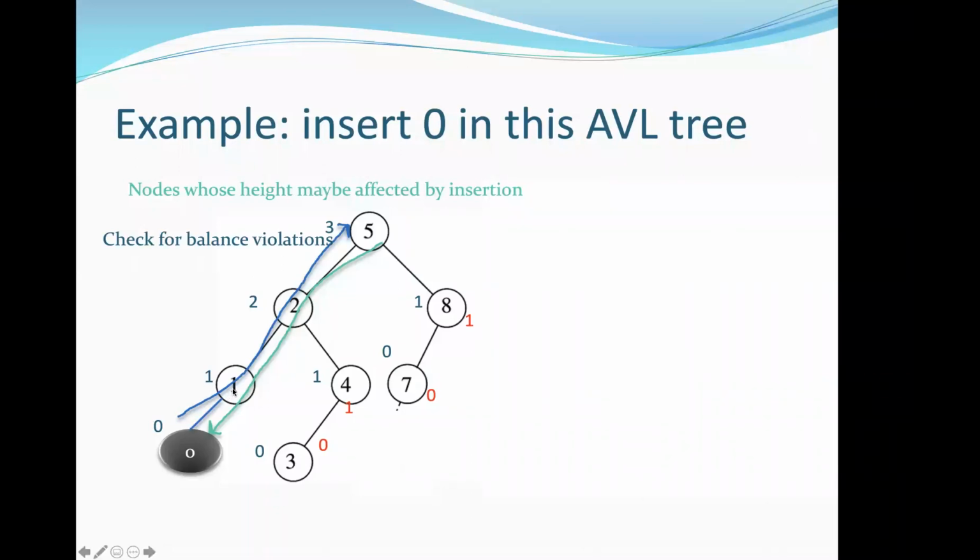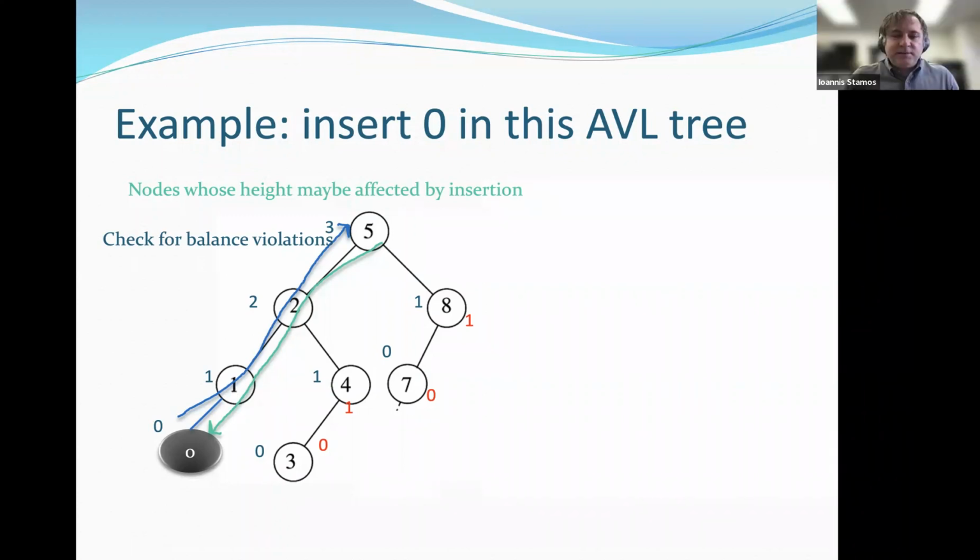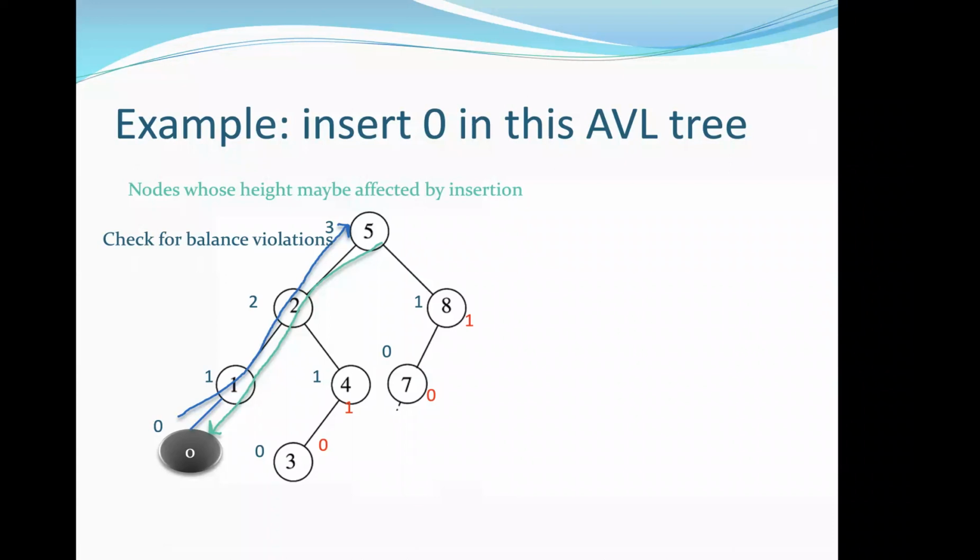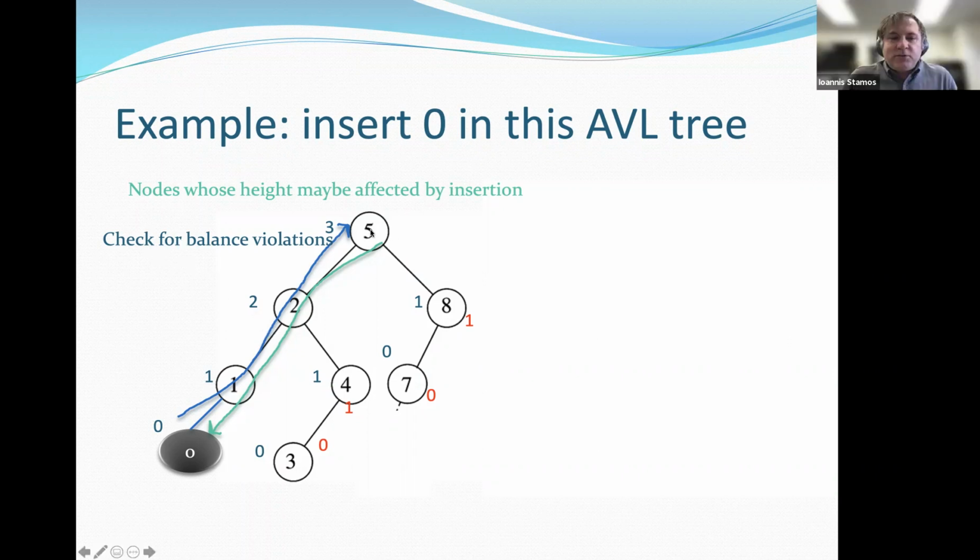Left minus right, is it okay? Yes, 1 and 1, it's fine. At node 2, 1 minus 1, 0. At node 3, 2 minus 1, 1. So there's no violation, okay? So you do nothing, because there's no violation, right?